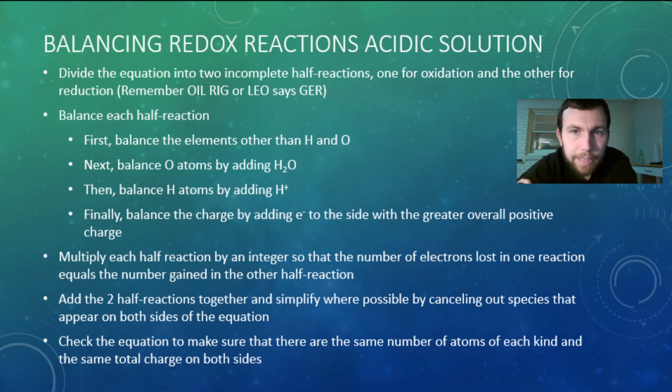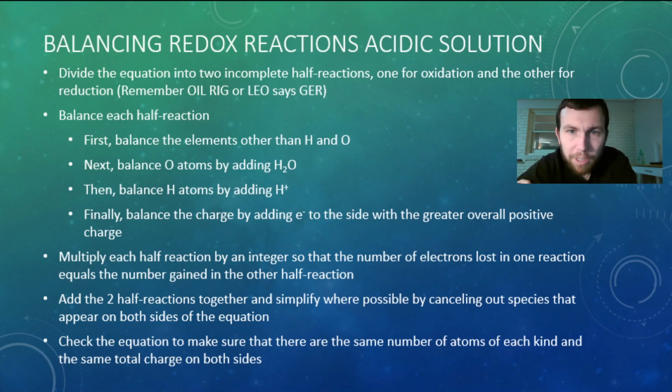Now once you've balanced your oxygens, you balance hydrogen atoms by adding H+ ions. The H+ ions come from the fact that it's an acidic solution. You're using a strong acid, you get a bunch of H+ ions that completely dissociate, so you've got H+ present. That's where the H+ is coming from, and that's how you balance out H. Those first 3 steps deal with the mass.